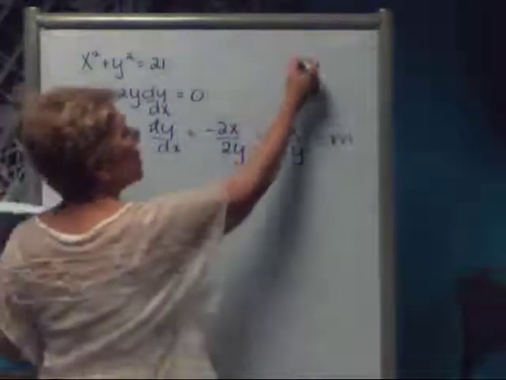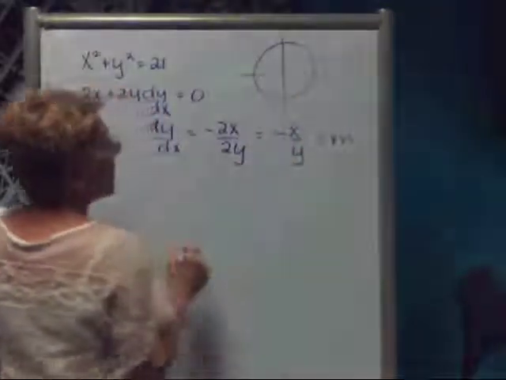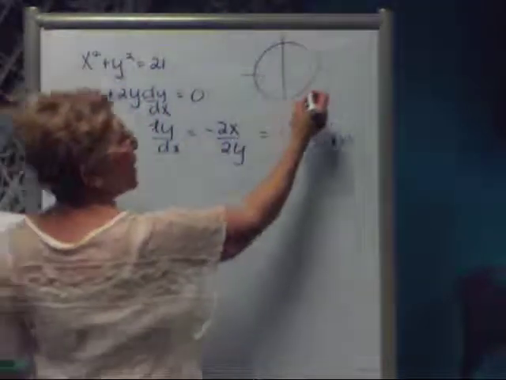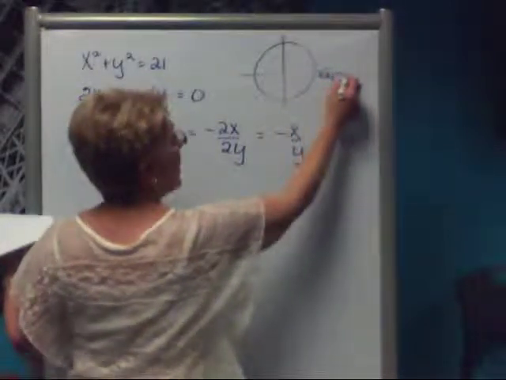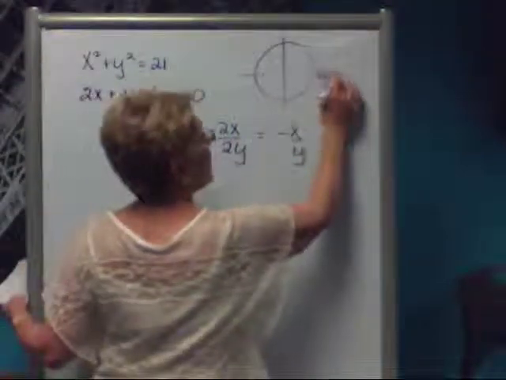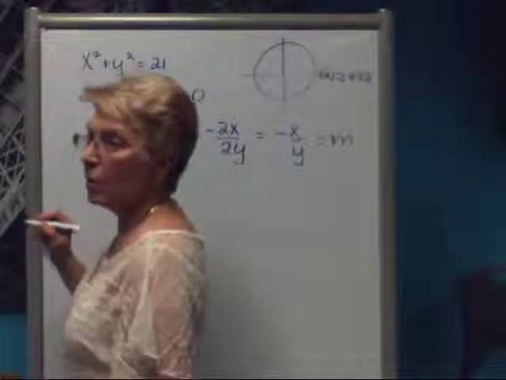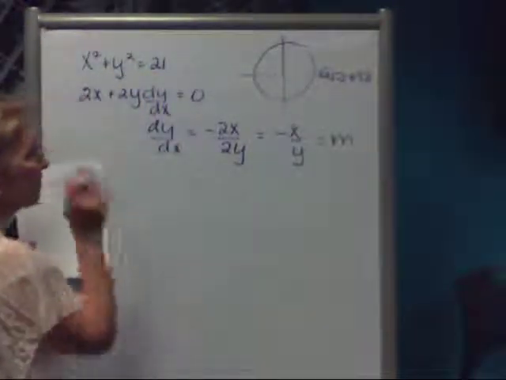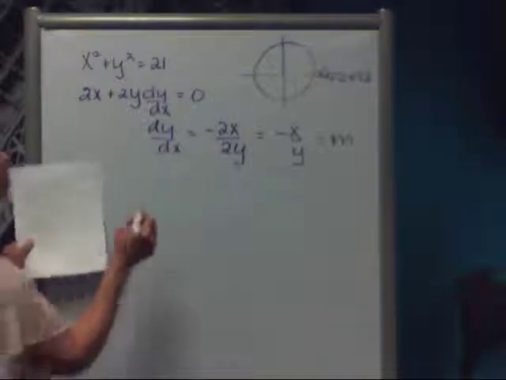And if we picture the circle as one with center at the origin with the radius the square root of 21, which is about 4.58. We want to find the tangent lines at x equals 3.4.